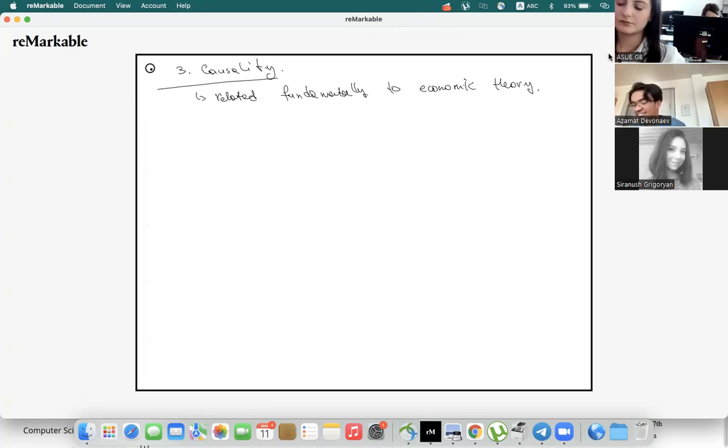It is very hard to do so. So that's why you don't see any sensible models encompassing this kind of variables.